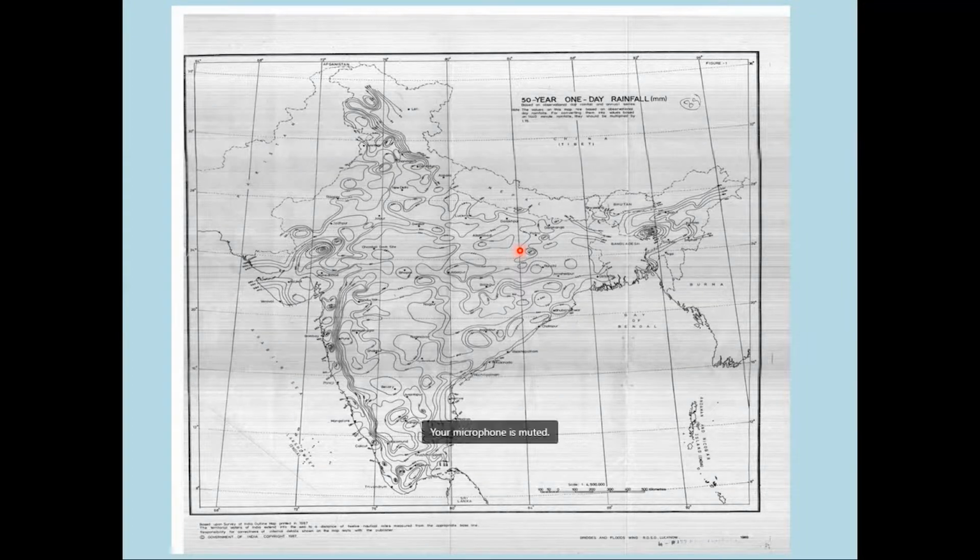Whatever I say, I will say about recurrence interval of 50 years. So I will not every time repeat 50 years. Means I will say rainfall for 1 hour duration, it means rainfall of 1 hour duration which has a recurrence interval of 50 years.